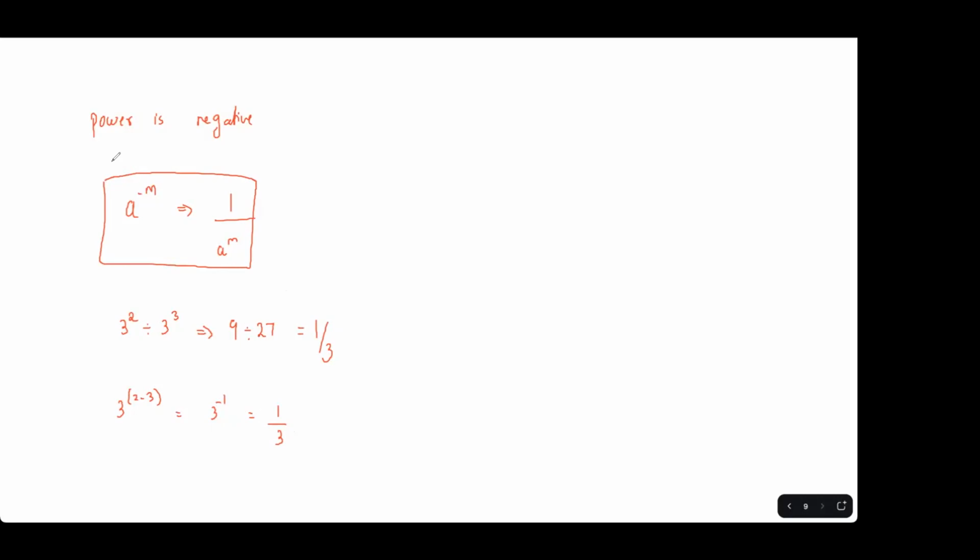Sir, can you take an example of minus 2 in power? Okay. 3 raised to 2 divided by 3 raised to 4. So 9 divided by 81 is equal to 1 by 9. According to exponents or indices, 3 raised to 2 minus 4, which is 3 raised to minus 2, which is equal to 1 by 9.